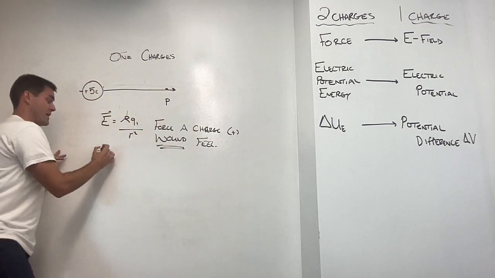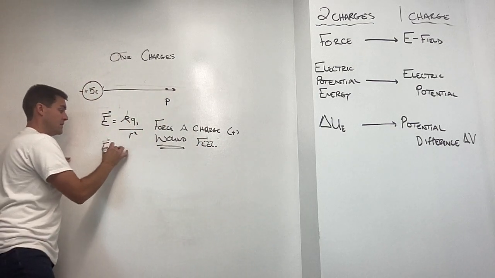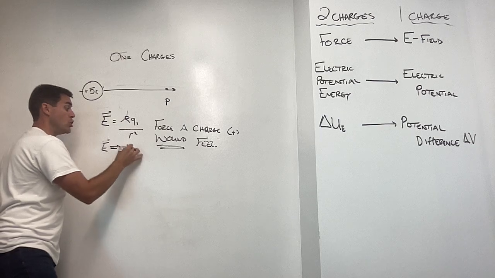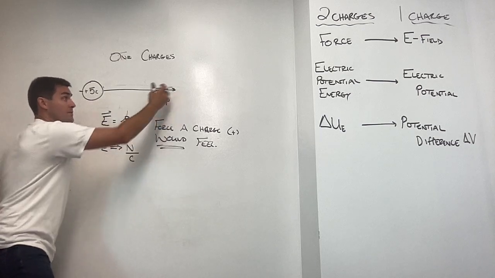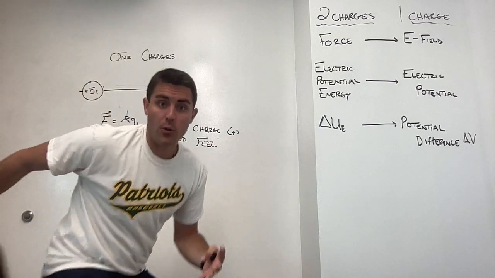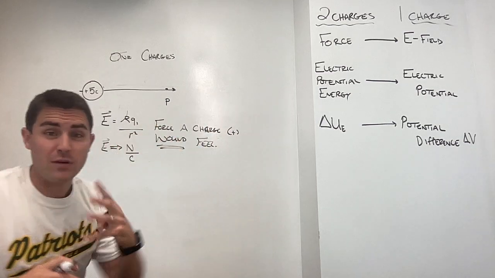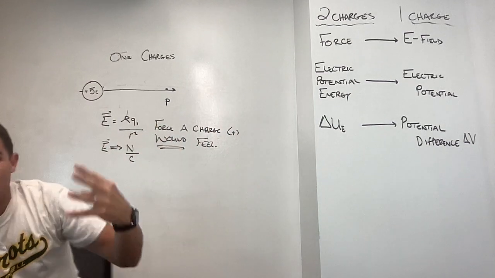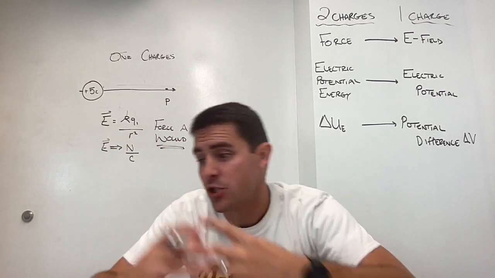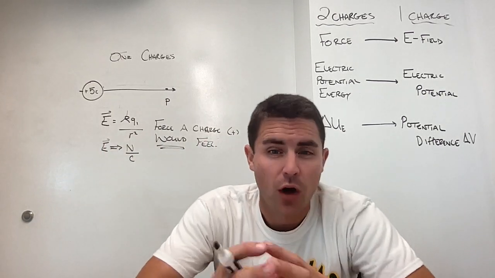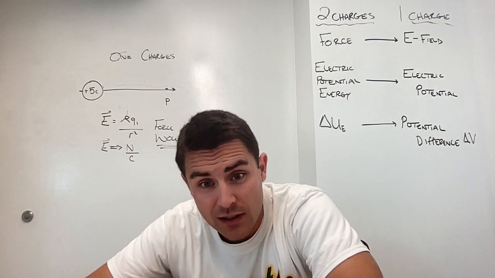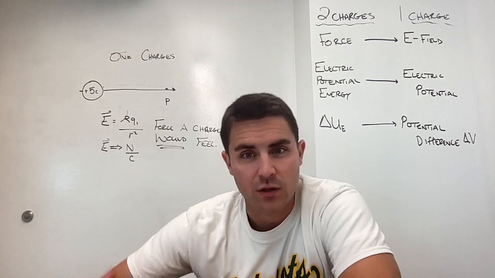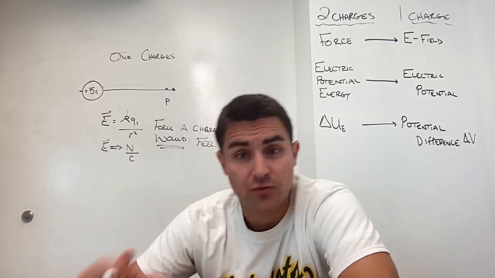That's what it is. And that's why the E field is measured in newtons per coulomb. So if I did end up finding out the amount of charge that existed at point P, I could use my E field to determine the amount of force per coulomb. This is what the E field does. It predicts the direction and the magnitude of a force at a location that I don't know yet. It's our one charge equivalent to force.